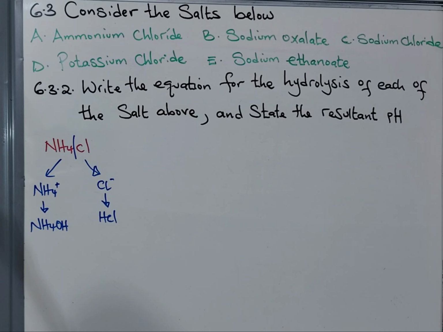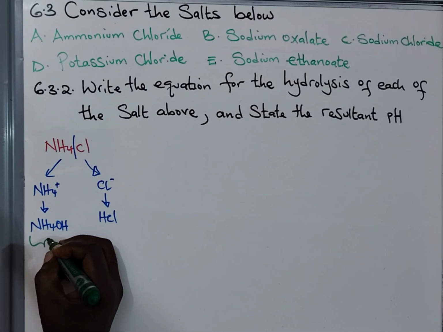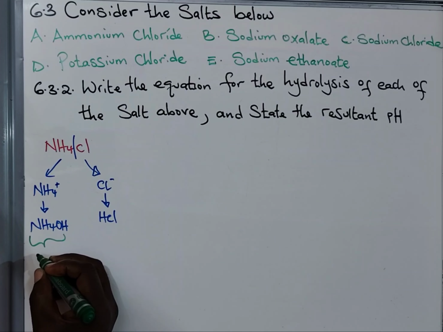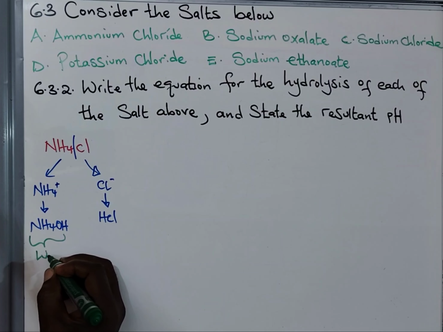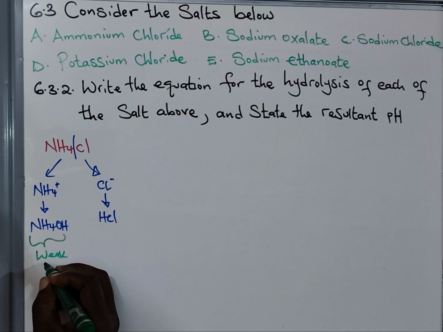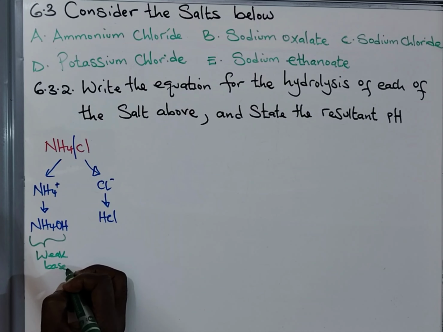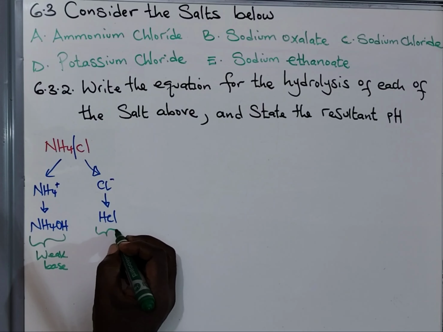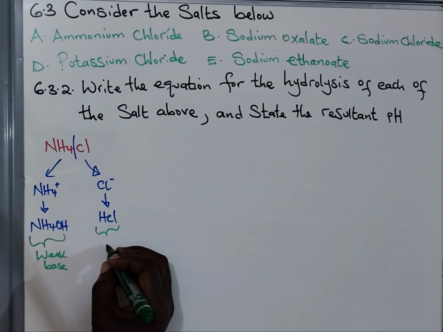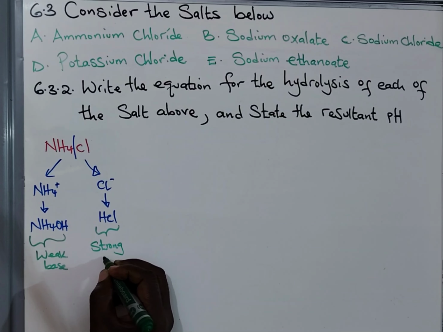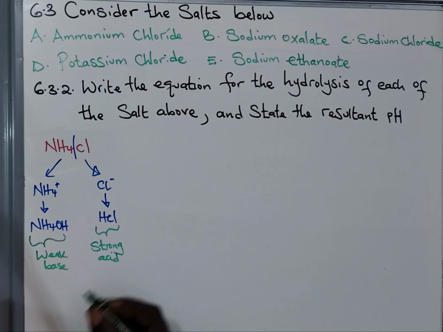So from there, you need also to identify that ammonium hydroxide, or ammonia, is a weak base. And we need also to realize that hydrochloric acid is a strong acid. So if that's the case, what do we do?